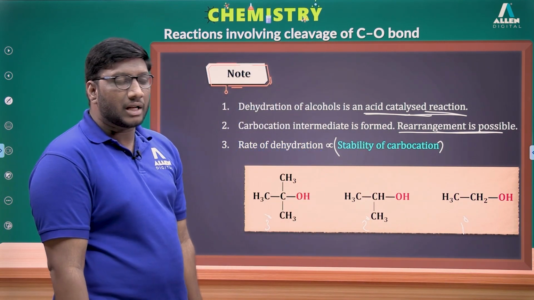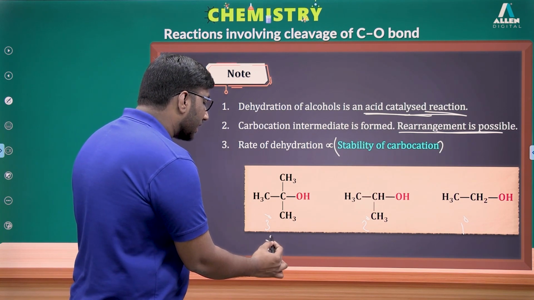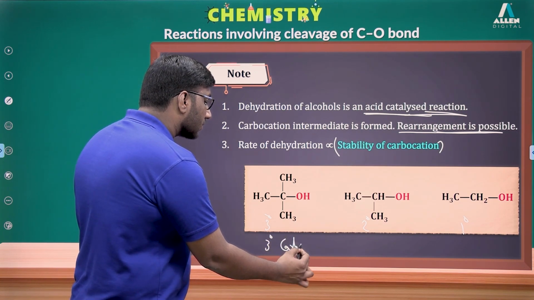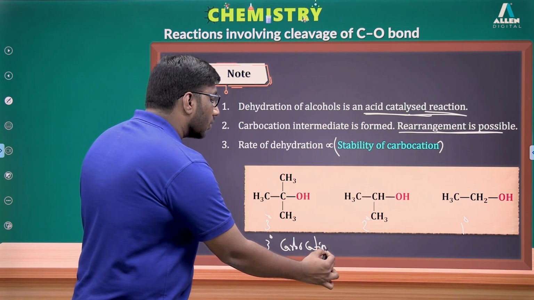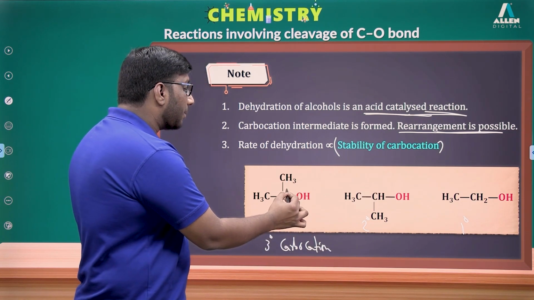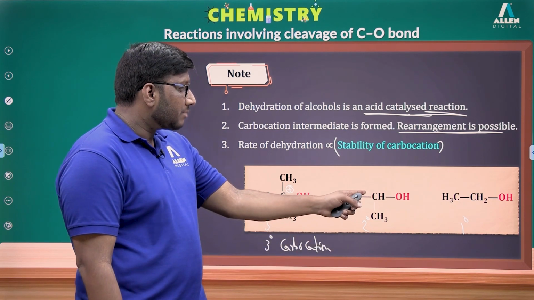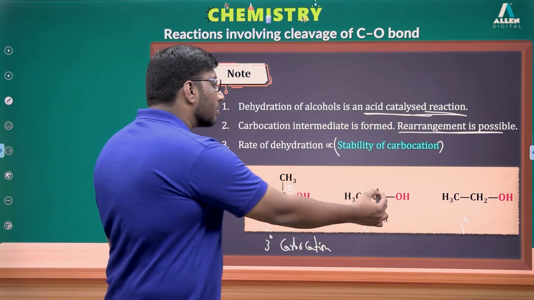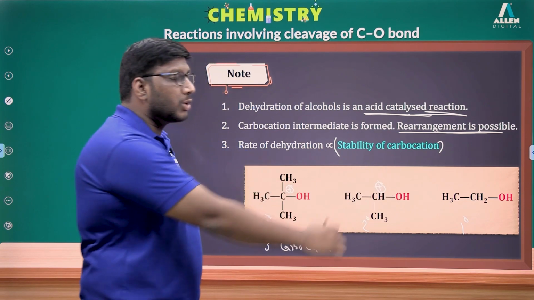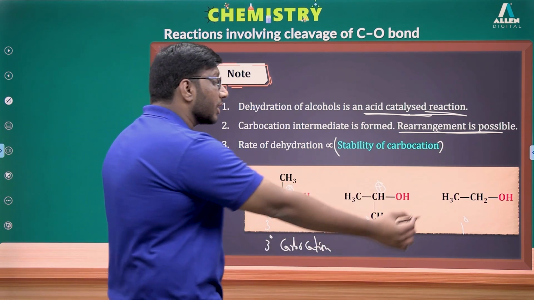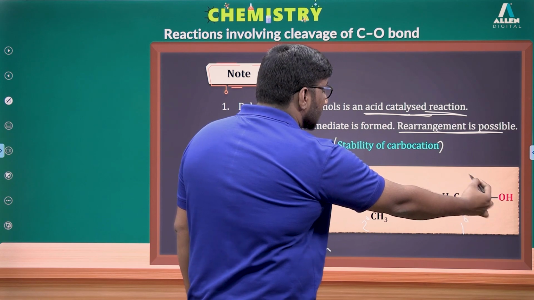The tertiary alcohol will give a tertiary carbocation. Yes or no? Because if OH2 plus is lost, we get a positive charge here, which is a tertiary carbocation. Same thing with the secondary, you get a secondary carbocation, and with the primary, you get a primary carbocation. Which carbocation is more stable?